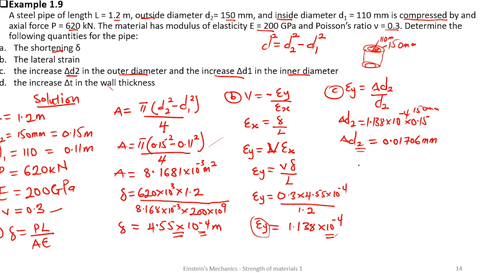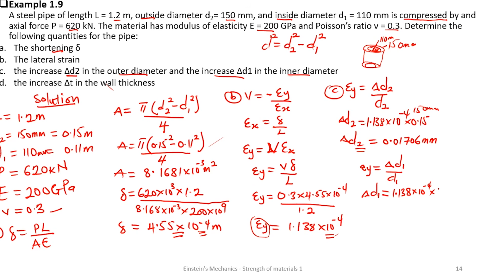So let's look at it for D1. The same thing. The lateral strain is the same as change in diameter 1 over diameter 1. So change in diameter 1 is equal to 1.138 times 10 raised to the power negative 4 times diameter 1, 110 millimeters.